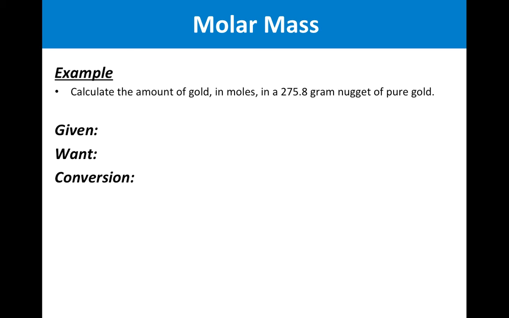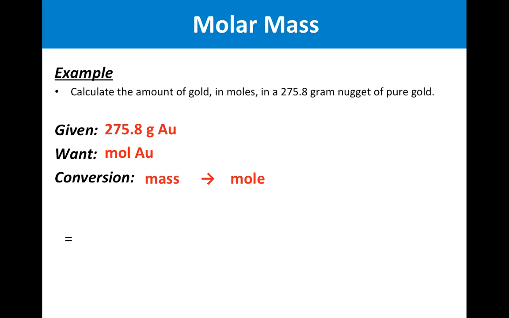Let's take a look at another calculation. Calculate the amount of gold in moles in a 275.8 gram nugget of pure gold. So you are given the mass, so 275.8 grams of gold. You want the number of moles. And your conversion factor is you want to go from the mass to the moles.